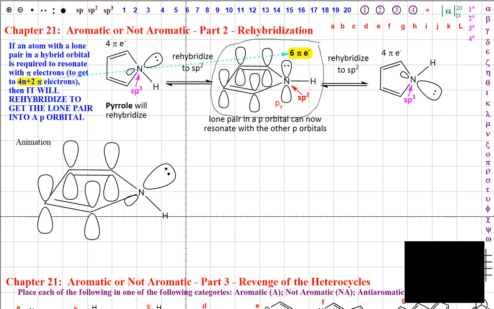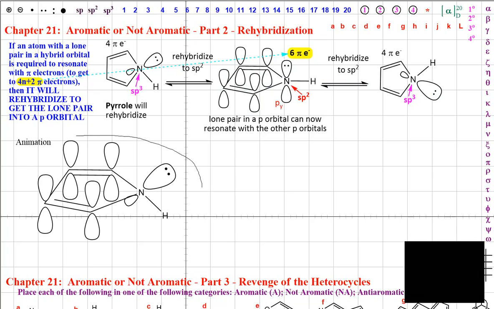On the outsides it is not aromatic, so there's no need to be out there. These lone pairs, unable to resonate in an sp3 hybrid, would rather be a lone pair in a p orbital resonating with all of these pi electrons.